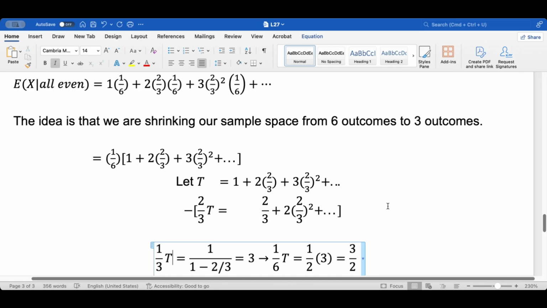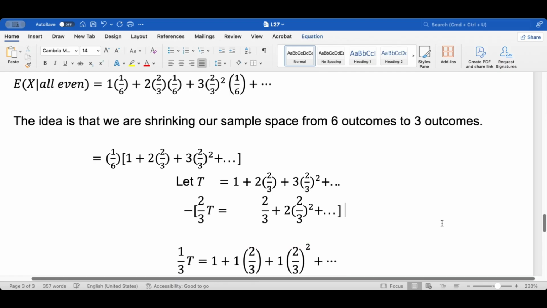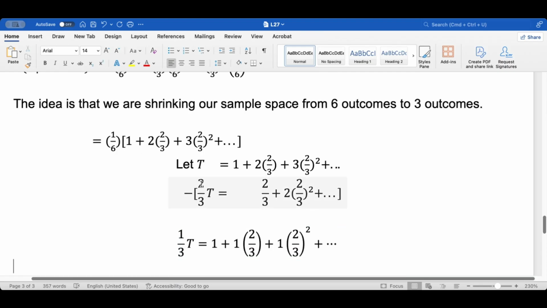The right-hand side is the geometric series here. Let me just fill that in. Filling in that missing piece, if we multiply t by 2/3 and then do the subtraction, on the left we'll get 1/3 t. On the right, all the coefficients are 1, and we have the geometric series pattern.